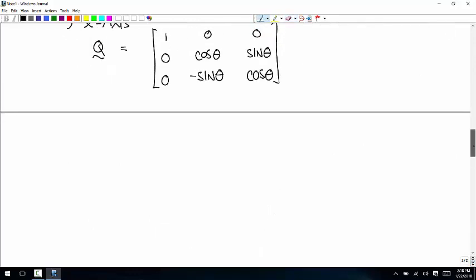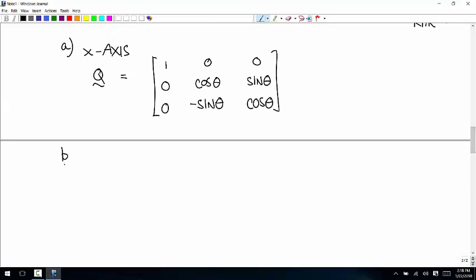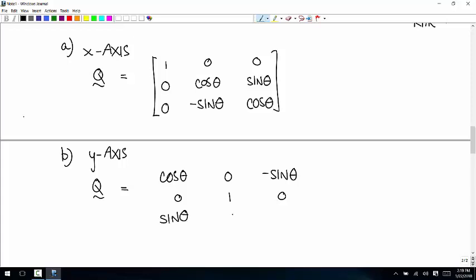To rotate about the y-axis, this is cosine theta, 0, negative sine theta, 0, 1, 0, sine theta, 0, cosine theta.